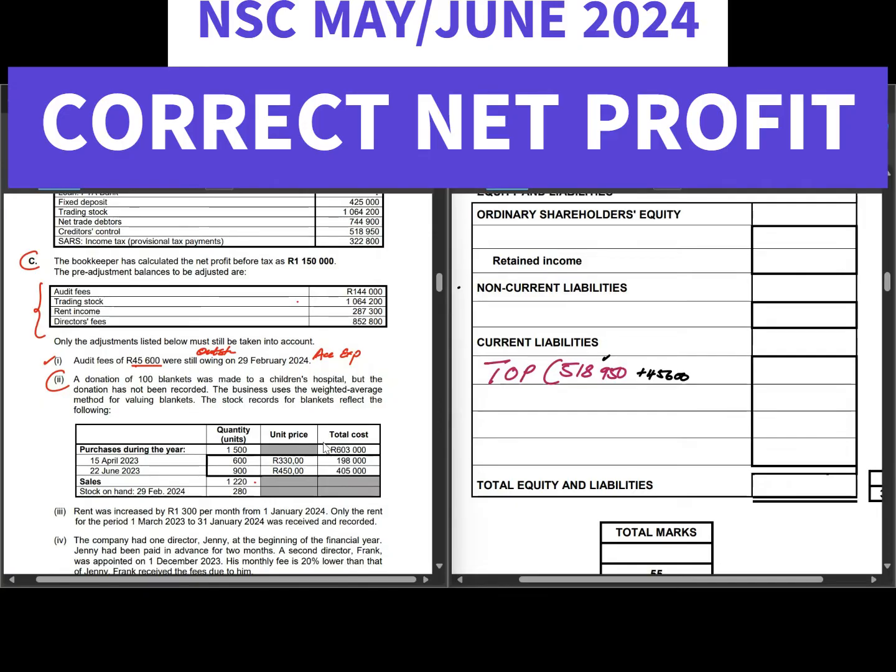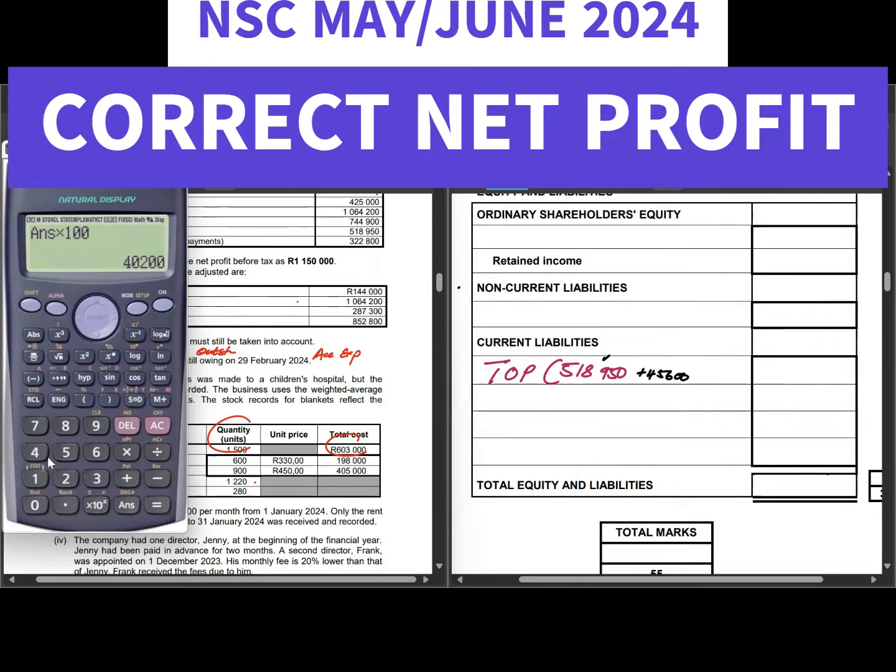So we need to calculate the weighted average for the blankets. The simplest way is to take our 603,000 and divide that by the quantity, which is the 1.5 over there. Let's see if our calculator is close. There it is.